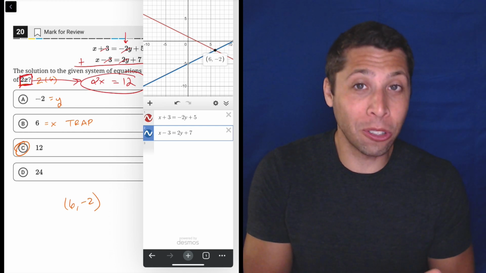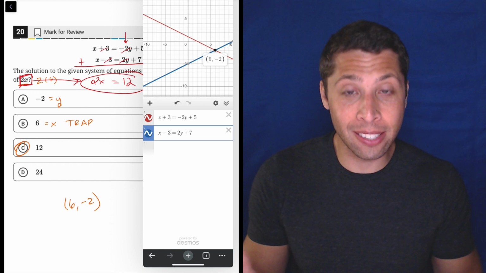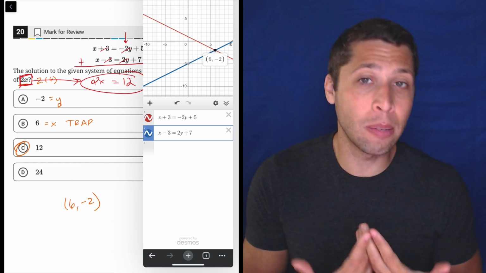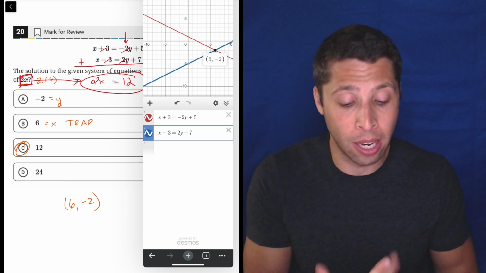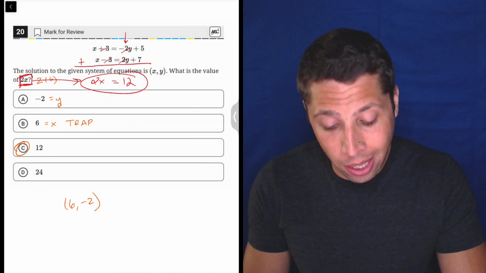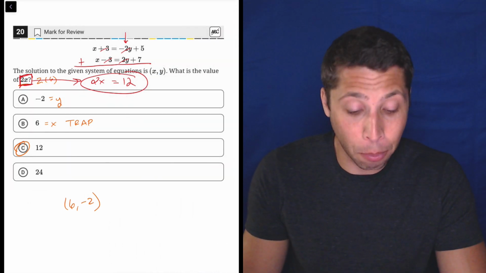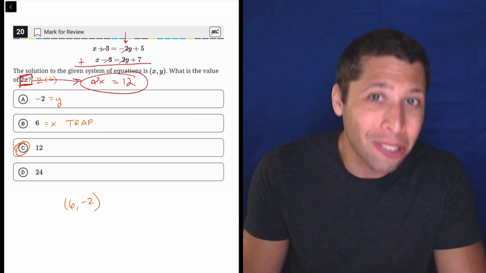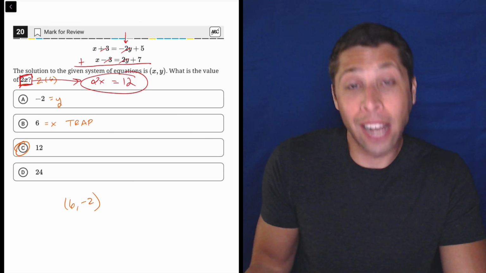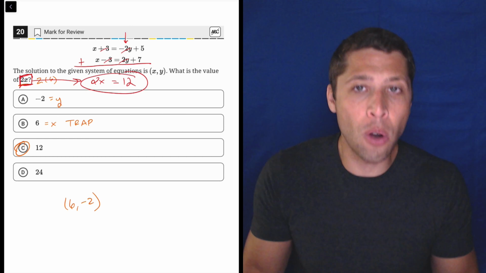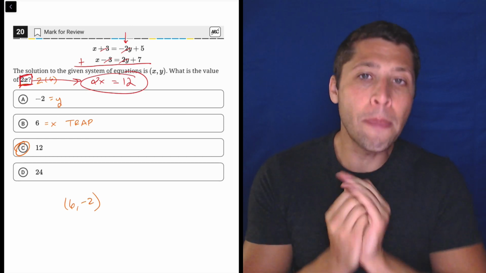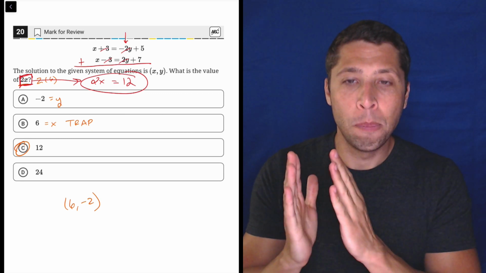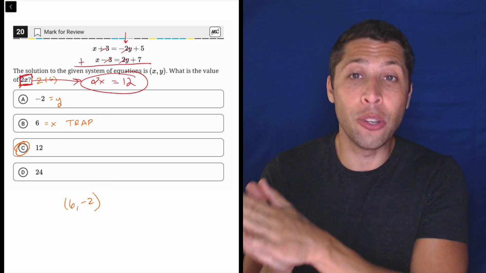So over the course of many, many SATs, using Desmos to solve systems of equations is a more reliable, more efficient strategy, because even if you saw this shortcut, there's a chance that you mess it up. Maybe you do 5 plus 7 and you get 13 because you're just not thinking. I know it's not an answer, but you never know what's going to pop up here as possible wrong answers.